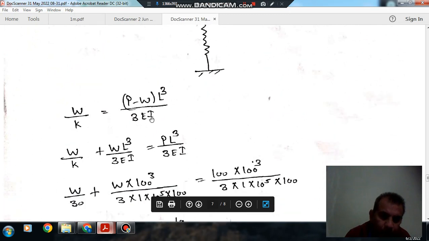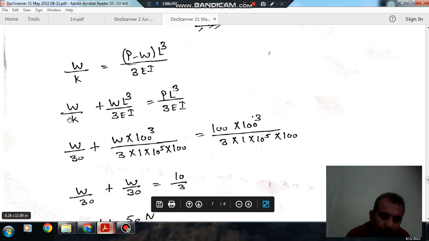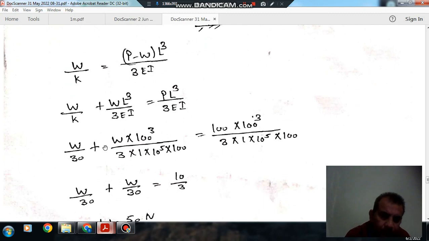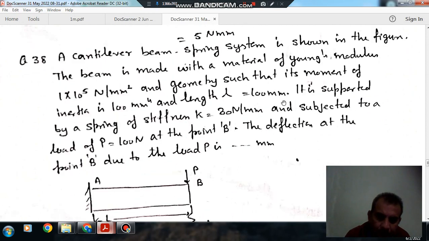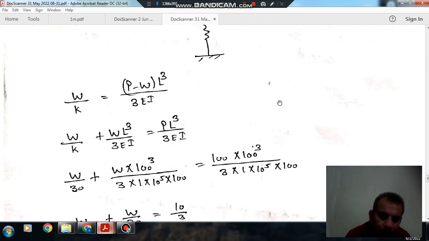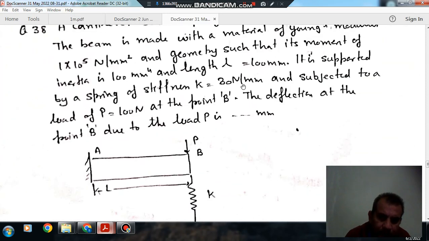Solving this, we have W by K plus W L cubed by 3EI is equal to P L cubed by 3EI. Now L is given as 100 mm, the spring stiffness is 30 Newton per mm, the moment of inertia is 100, and E is 1 into 10 to the power 5 Newton per mm square.